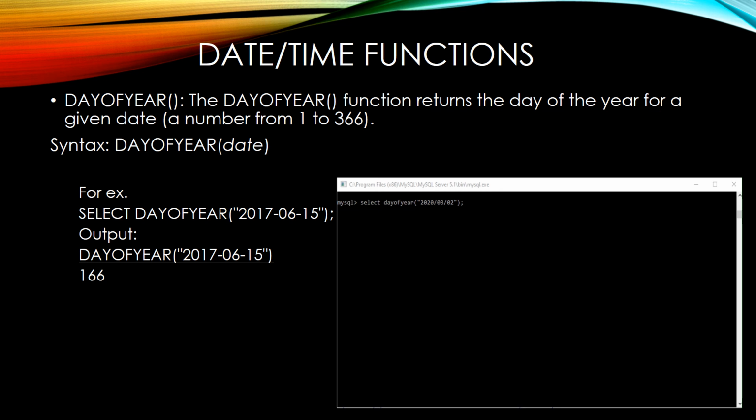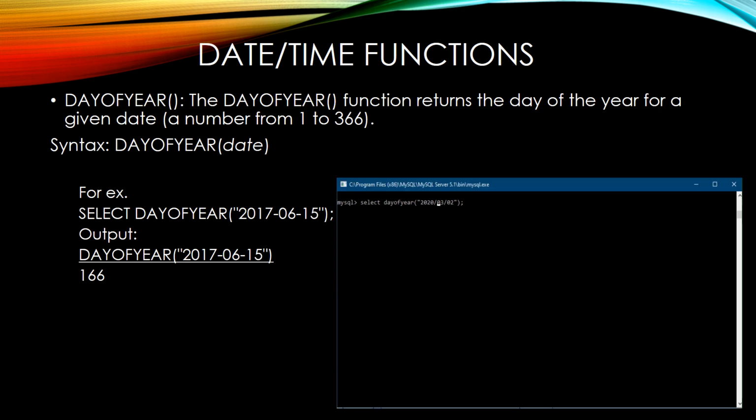In a leap year, how many days in February? 29 days. And for January, 31 days. So 31 plus 29 plus 2. It will return 62. So this is the function of the dayofyear function.